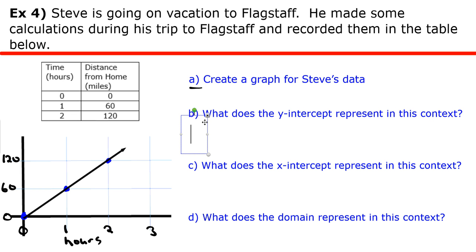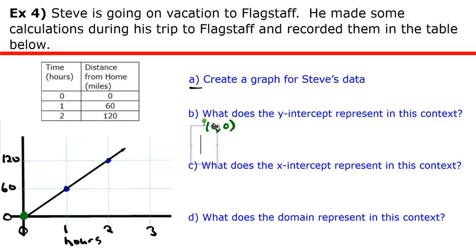Then they have some questions that we have to answer, which I'll do in text. What does the y-intercept represent in context? Here the y-intercept is right here. It also looks like it's our x-intercept, so we'll be able to answer B and C here, which is really nice. What does it represent in context? We know it's 0, 0, and we just have to write it in words.